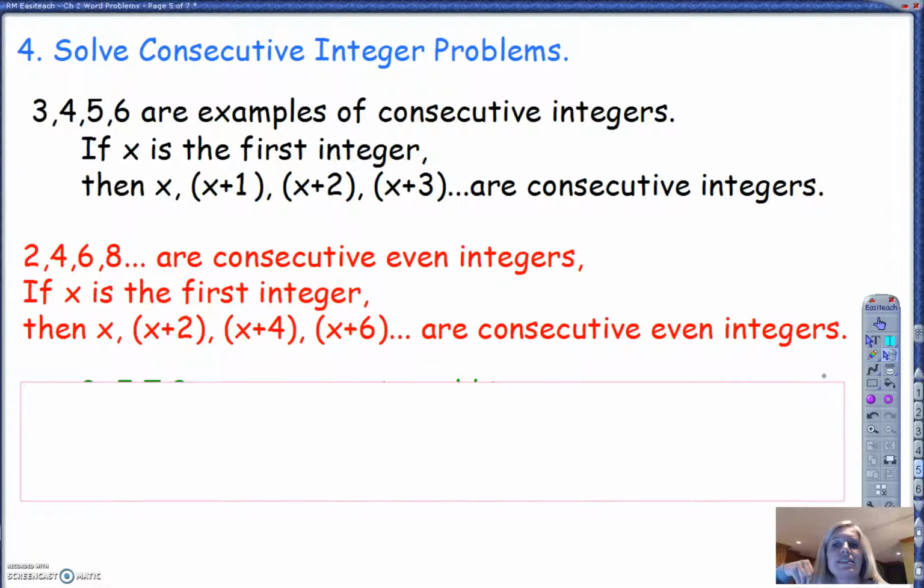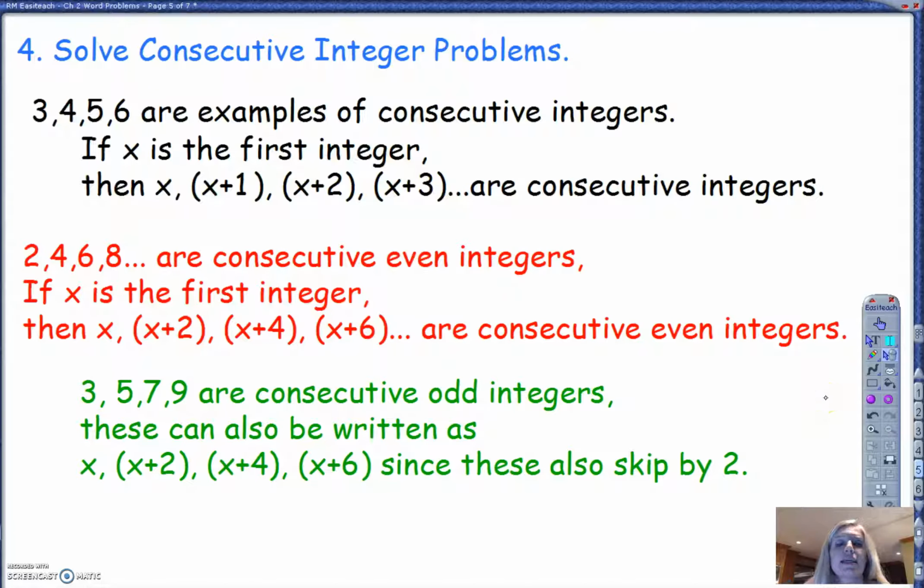These are consecutive even integers. The last piece is consecutive odd integers, 3, 5, 7, 9. These are also written as x, x plus 2, x plus 4, x plus 6. So they're written the same because they also skip by 2's.